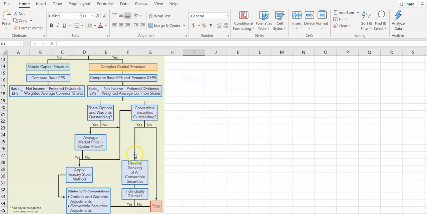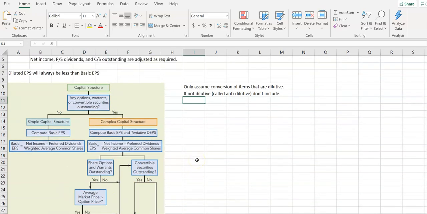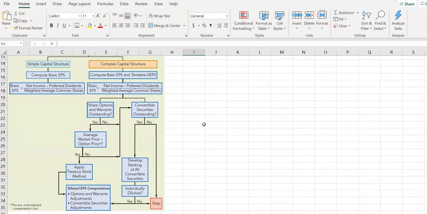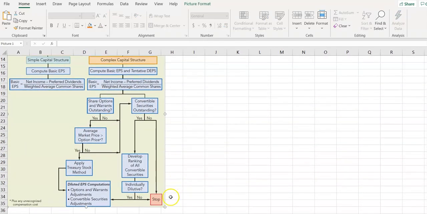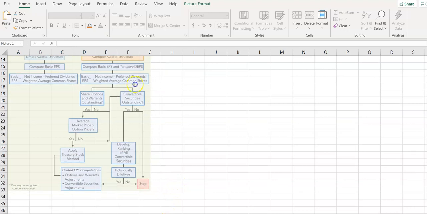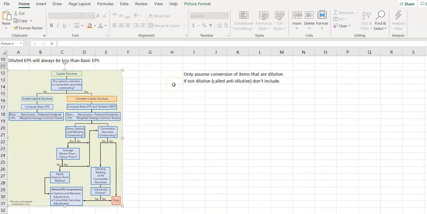If yes, then you rank the convertible securities. Those are like convertible preferred stock or convertible bonds. You look to see if they're individually dilutive, yes or no, and then you go on from there. Okay, so that's what this is talking about.